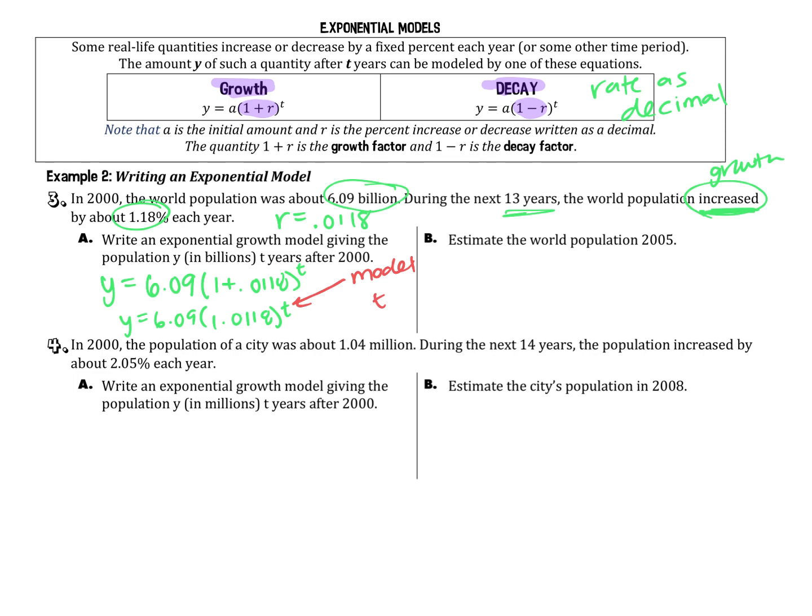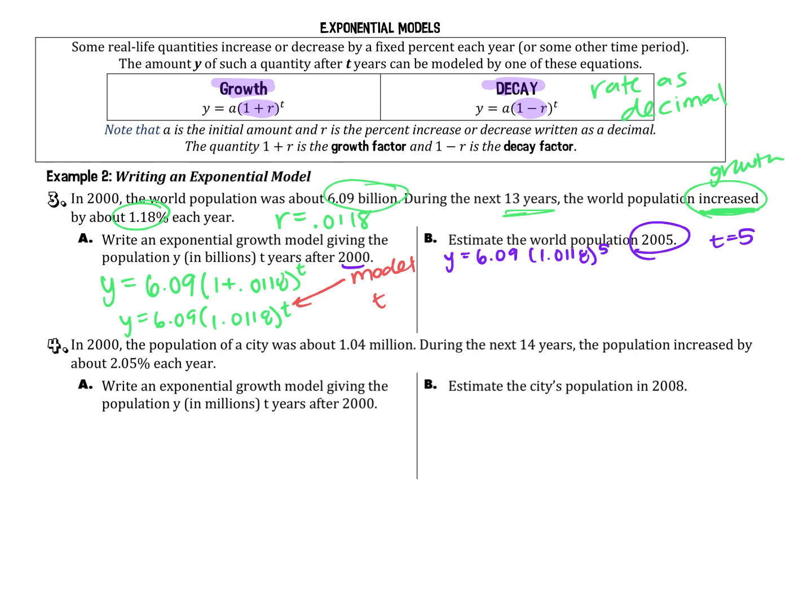Part B is where we're going to substitute a number in for t. So estimate the world population in 2005. Well, if this starts in 2000, then 2005 is going to be 5 years later. So we're going to be looking at y equals 6.09 times 1.0118 to the power of 5.